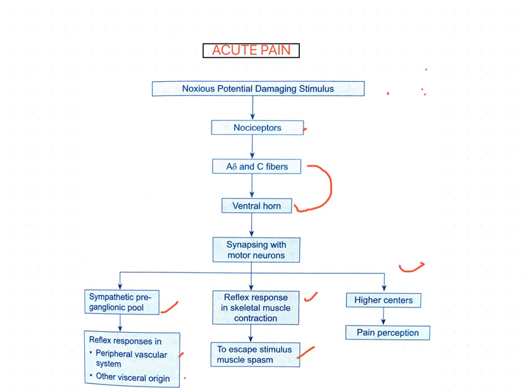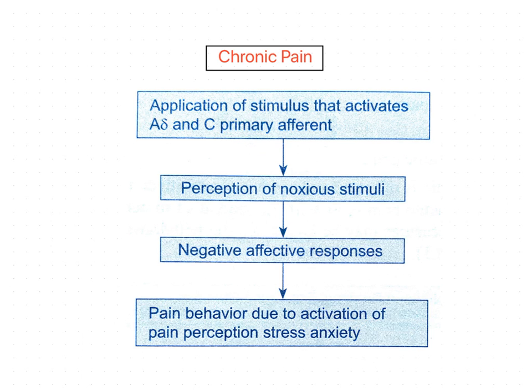In the case of acute pain, if any injury is caused, in that region the chemicals which are formed due to injury are always stimulating the nociceptors. So the pain felt by that person in the case of acute pain is severe. Okay. Now we'll see chronic pain.